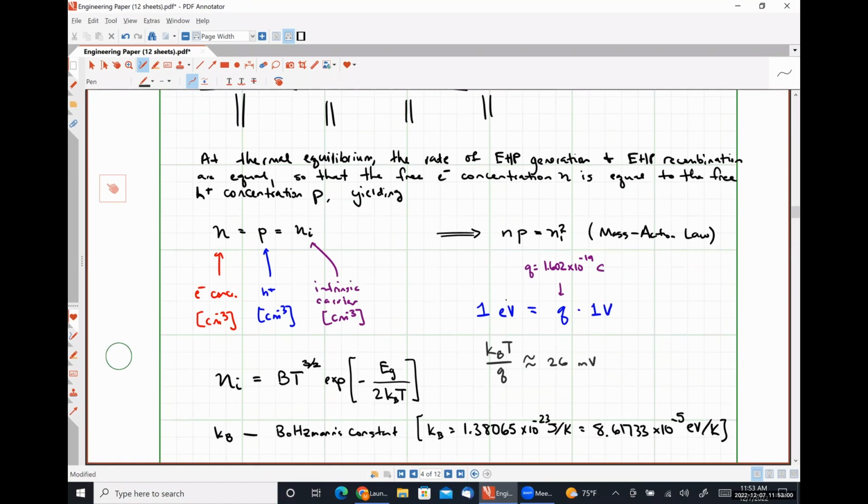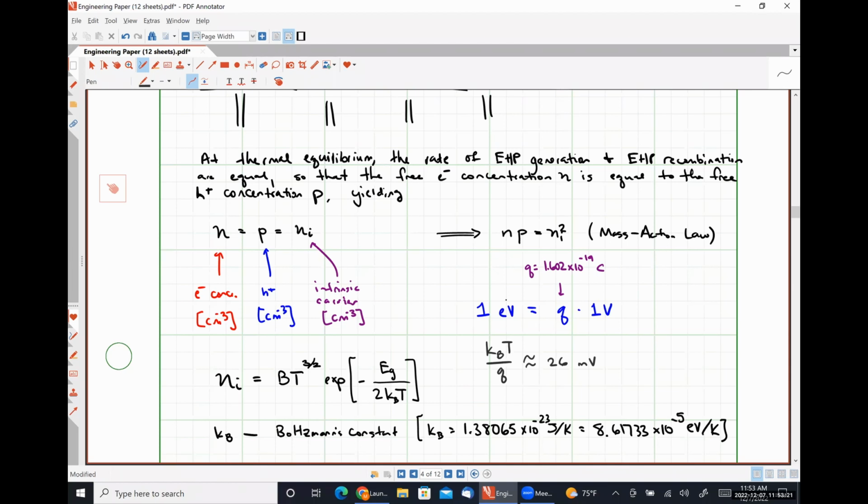So this relationship for the intrinsic carrier concentration is obviously telling us the number of electron hole pairs that are generated in an intrinsic semiconductor material. This quantity B is what one textbook that I've used refers to as a material dependent parameter.